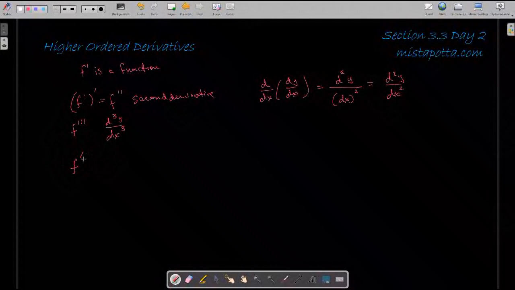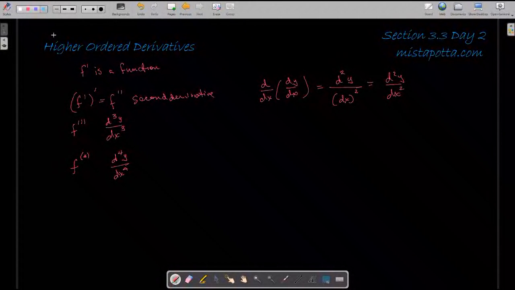We're just going to put a 4 in parentheses to indicate that we're taking the fourth derivative. But we'll still use the d fourth y over dx to the 4. And I can take fifth derivatives, sixth derivatives, and so forth.